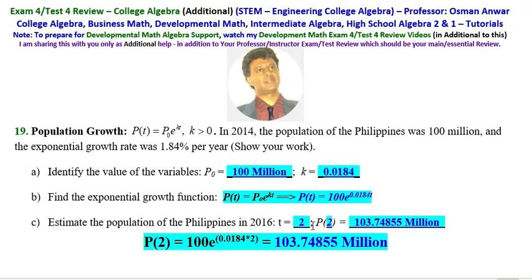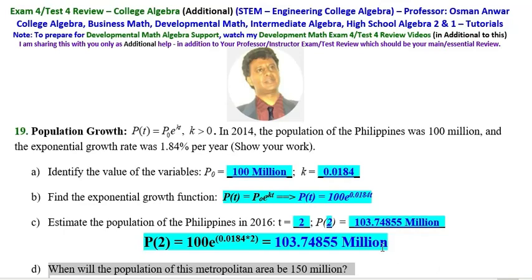T equals 2, that is P of t equals 100 e to the power 0.0184 times 2, which is 103.74855 million.